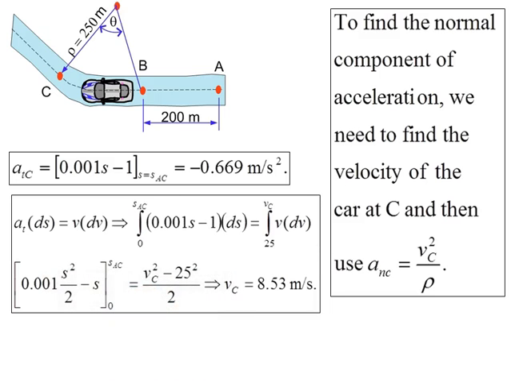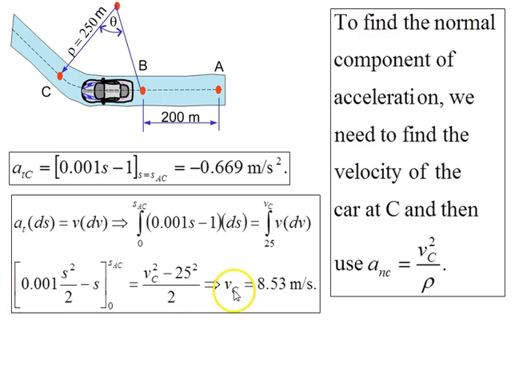To do that, we will use the known relationship a_t ds equals v dv, and we integrate from 0 to S_AC. At A, s is equal to 0, then it traveled 200, and then r theta distance, the total distance is S_AC. So the limits are 0 to S_AC. The speed here is 25 and gradually slows down and comes to a speed of v subscript C. So the limits are 25 to v_C.